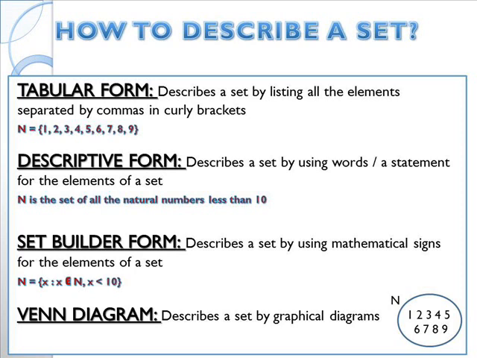In case of descriptive form, we will use words to describe the set, and we will write N is the set of all natural numbers less than 10. In case of set builder form, we will write N = {x such that x is an element of natural numbers and x is less than 10}.